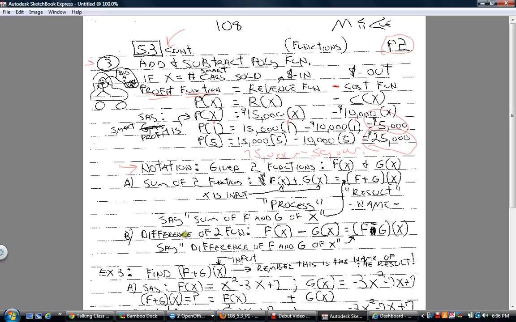Okay, now how about the difference of 2 functions? That's what we did up here. If you have 2 functions that are function f and function g, if I want to write in a notation, I would write parentheses f minus g of x. How about up here? Here's a little challenge. How could I write this as a notation of a subtraction?